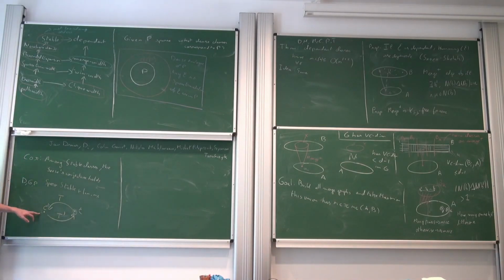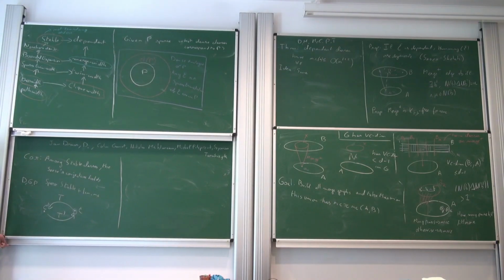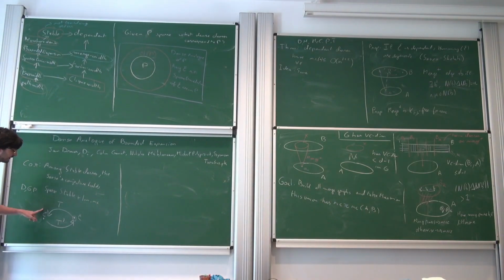And so putting this and the proof that the dense analog has linear complexity together, you obtain that from a class C, either you can do this trick, or you can get some non-bounded expansion class.